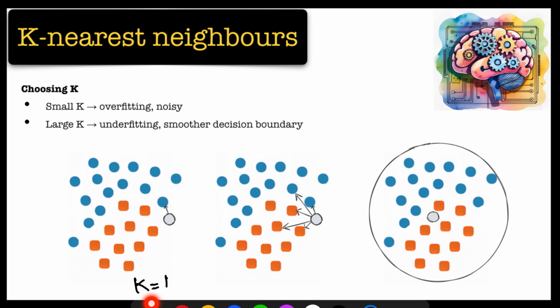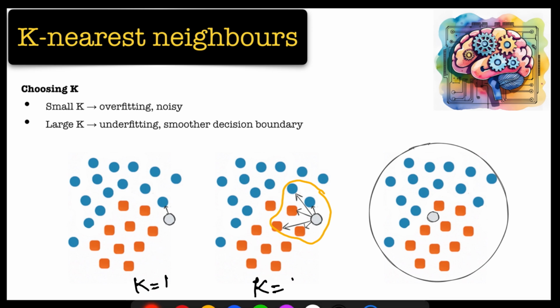But we are not quite sure whether we should assign it to class blue or orange, right? If k equals 5, we are calculating 5 nearest neighbors. Among these 5, we got 3 from orange and 2 from blue. So we'll assign this new point to the orange class.